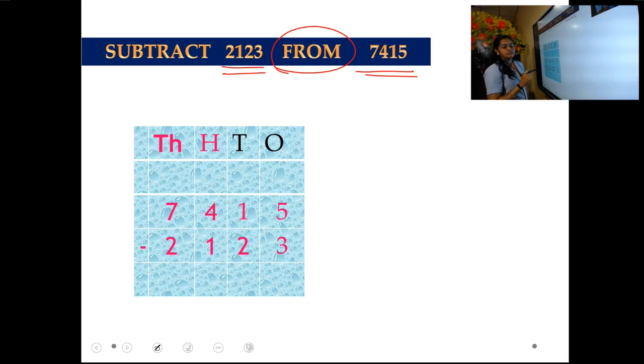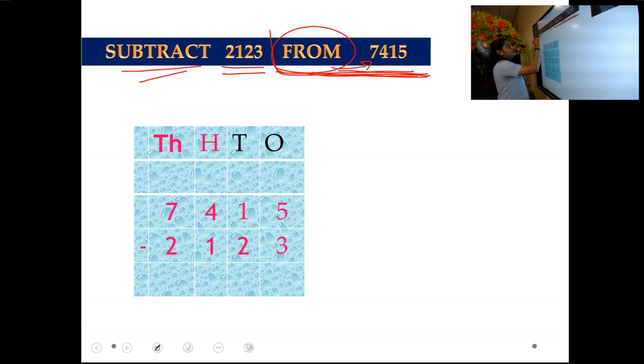Normally, how do we write it? We write down the first number, then put a minus sign, then the second number. In from questions, you have to write down the number that comes after from. Which number comes after from? That is 7415. You have to write down that number as the first number.